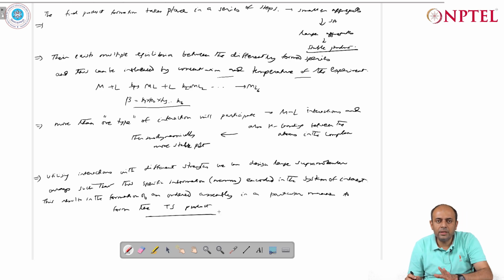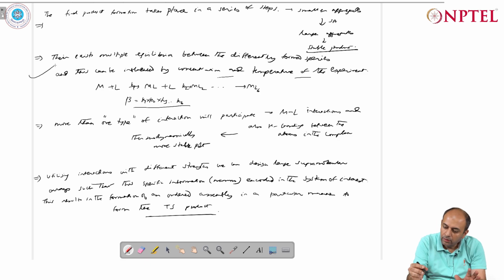So all the points are actually directed towards the understanding of the formation of the thermodynamically most stable product via the process of self-assembly, and highlighting the role of concentration, temperature, the different types of interaction based on the interaction strengths, and this will actually guide the process of self-assembly.